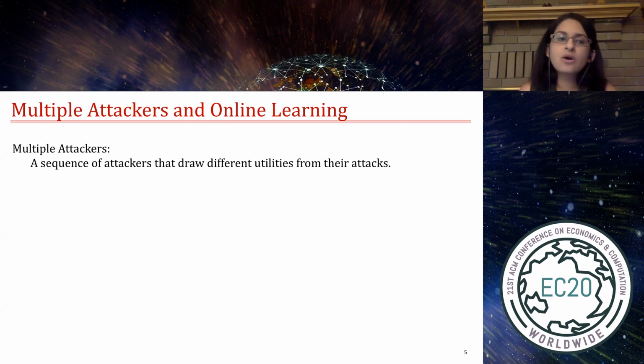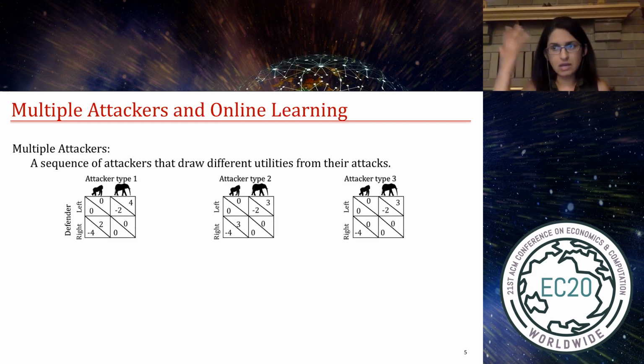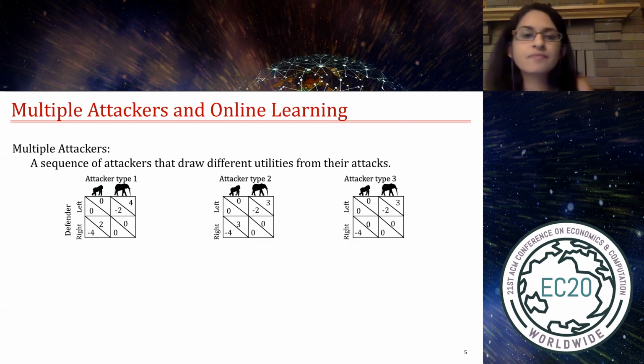So what happens when we're dealing with these multiple types of attackers, and we don't know necessarily the next day which one of them we're going to be facing? That's the type of online learning you can think about.